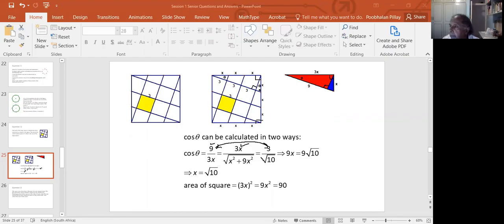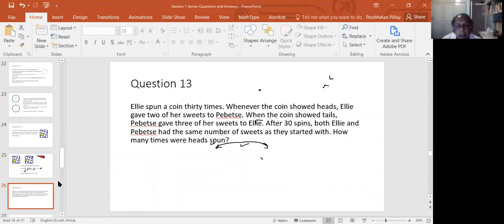The next problem is problem 13. Problem 13 says Ellie spun a coin 30 times.